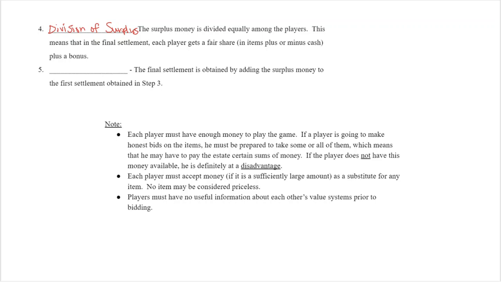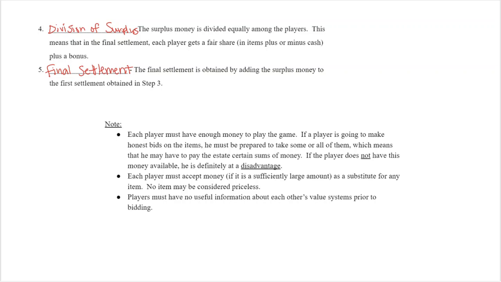So that means in our final settlement, which is our fifth step, that each player gets a fair share in items, either plus or minus cash, and then the bonus for the division of the surplus. So the last step is our final settlement. This is obtained by adding the surplus money to our first settlement.